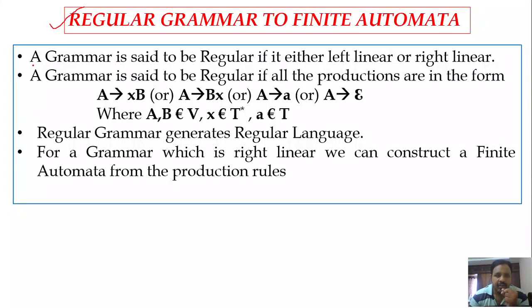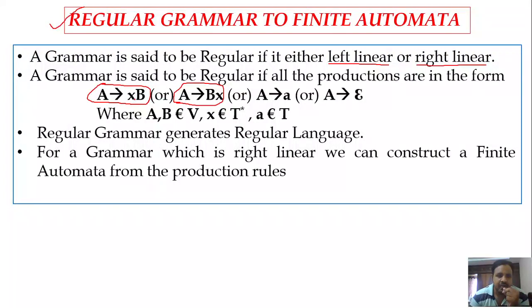A grammar is said to be regular if it is either left linear or right linear. A grammar is regular if all the productions are in the form like A denotes xB or A denotes Bx, right? So by seeing this form, you could identify which type of production rule it is.